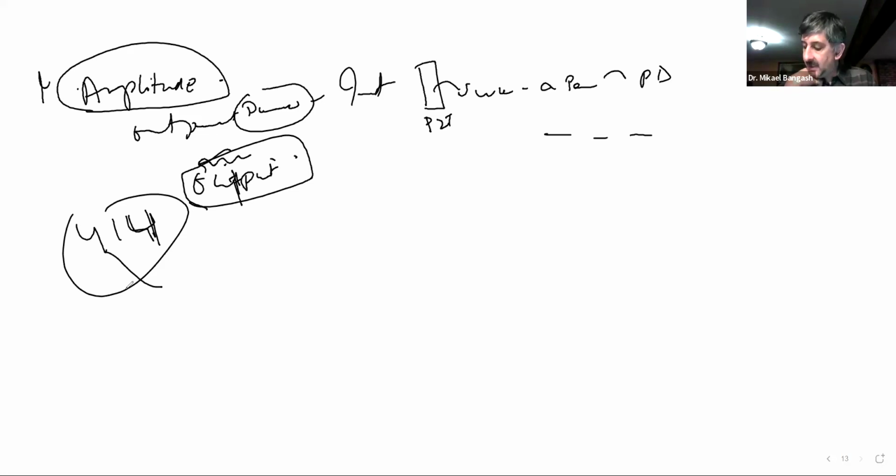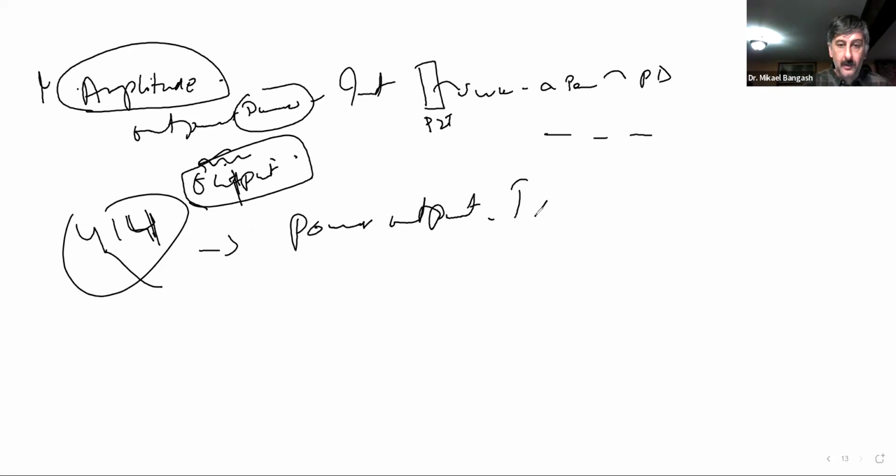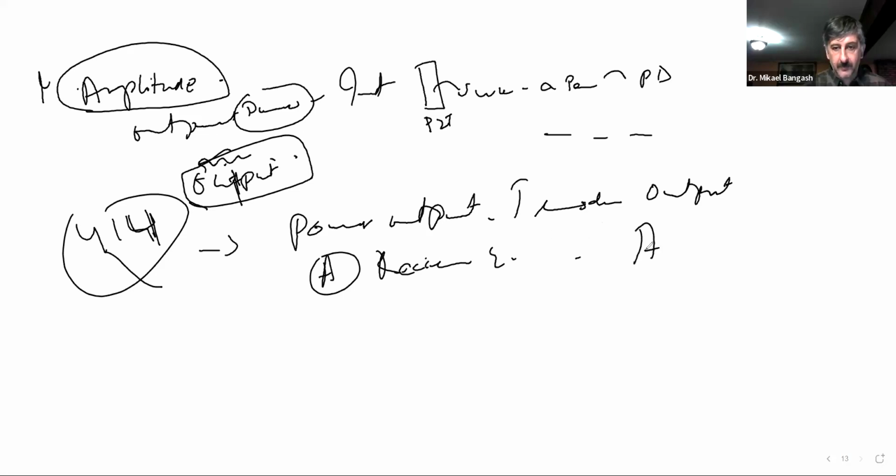Now, B, C, D, E, and F all are names for what we call the power output, or the transducer's output heading. Whereas A, receiver gain, was mainly what we plainly called amplification.